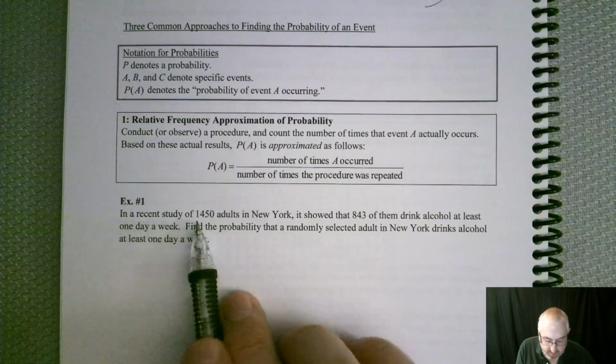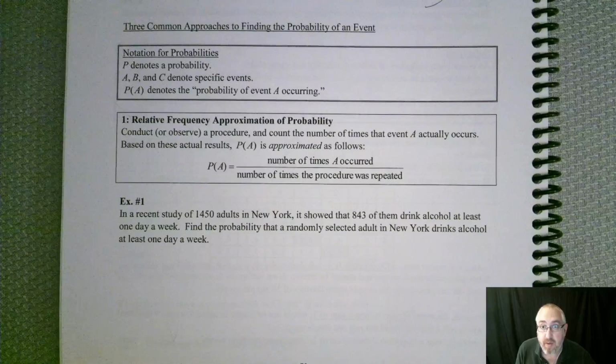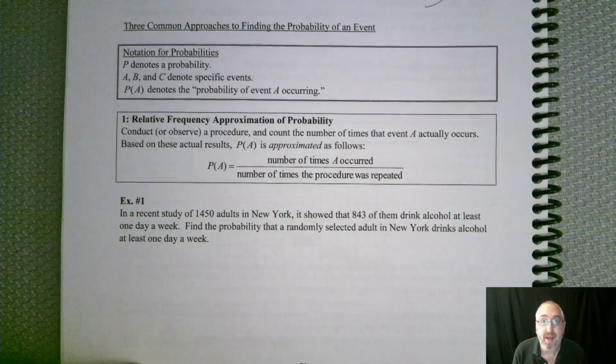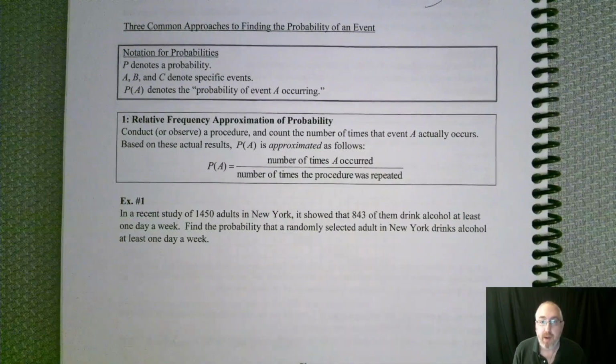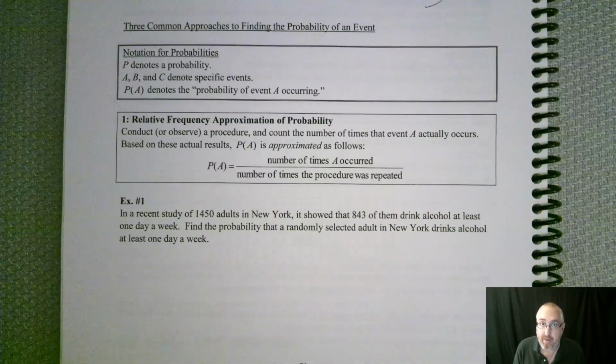In a recent study of 1,450 adults in New York, it showed that 843 of them drink alcohol at least one day a week. Find the probability that a randomly selected adult in New York drinks alcohol at least one day a week. We don't have all of the data that we need in order to answer this question accurately, but we do have some sample information.